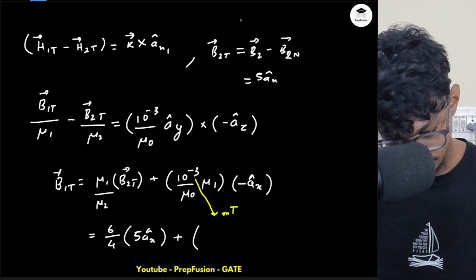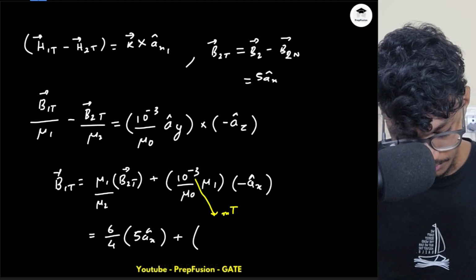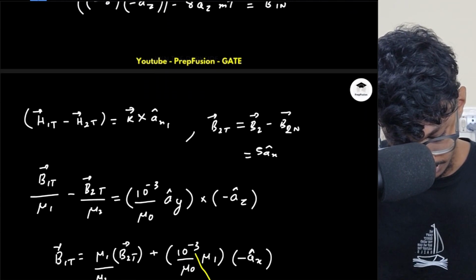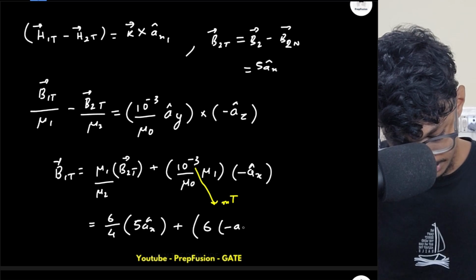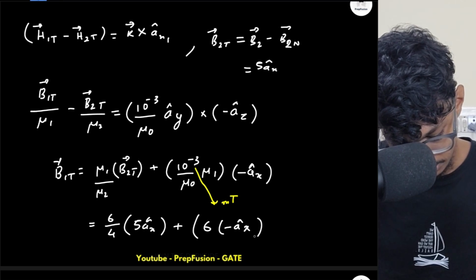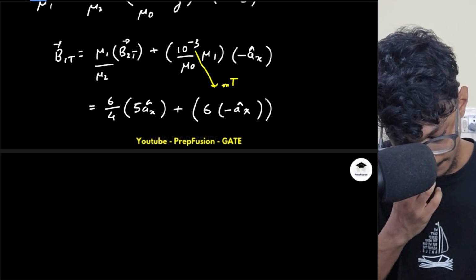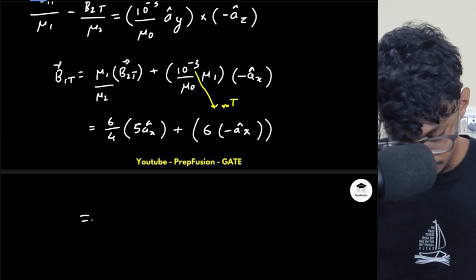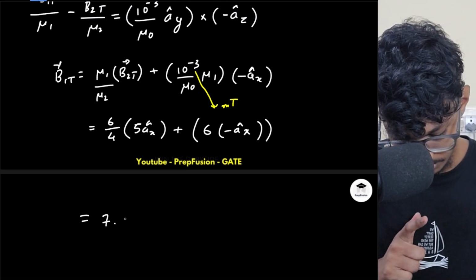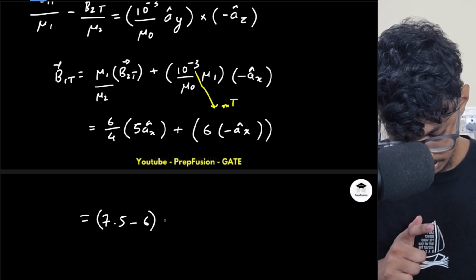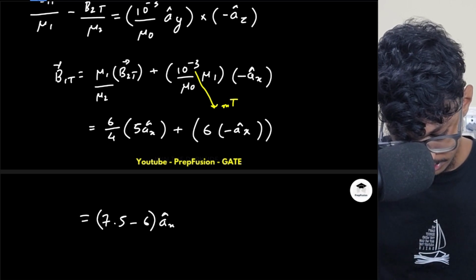Okay, mu1 is how much? 6 mu naught, right? So this will be 6 times minus ax. Okay, so this will become 1.5 into 5, 7.5 minus 6 ax.